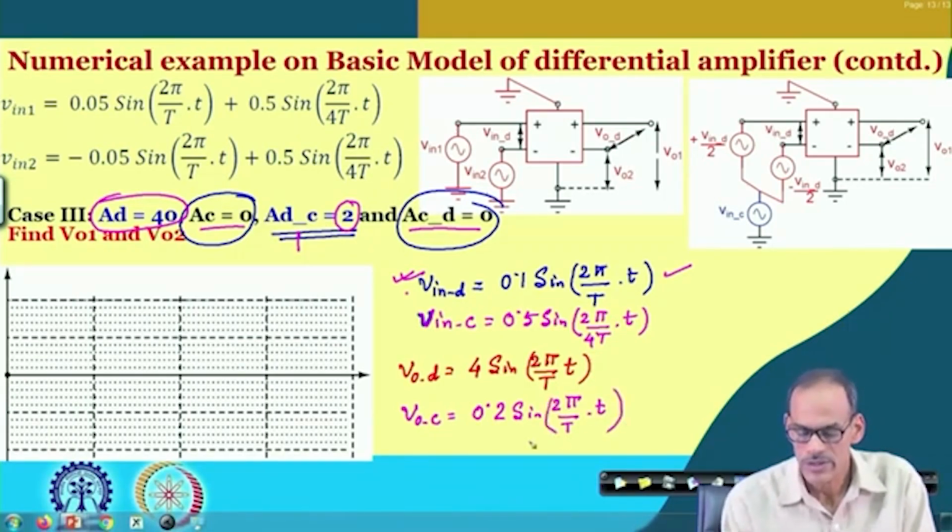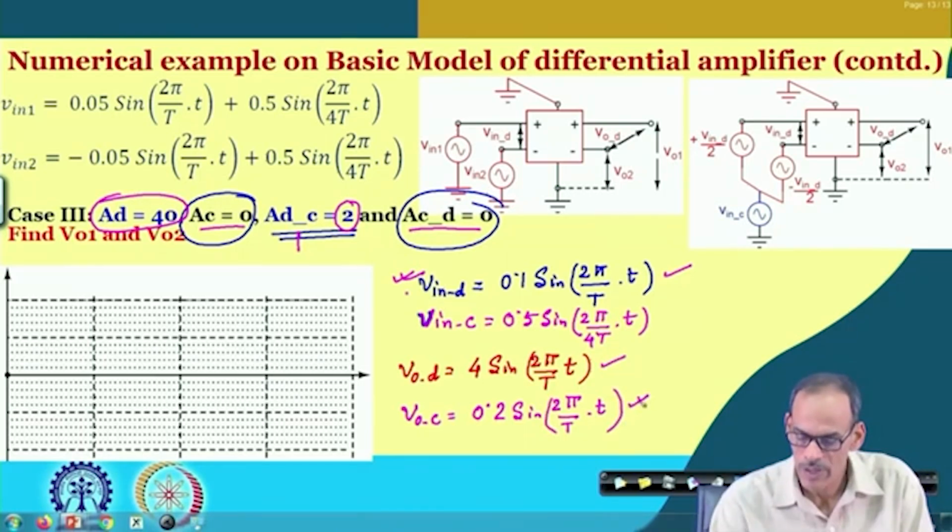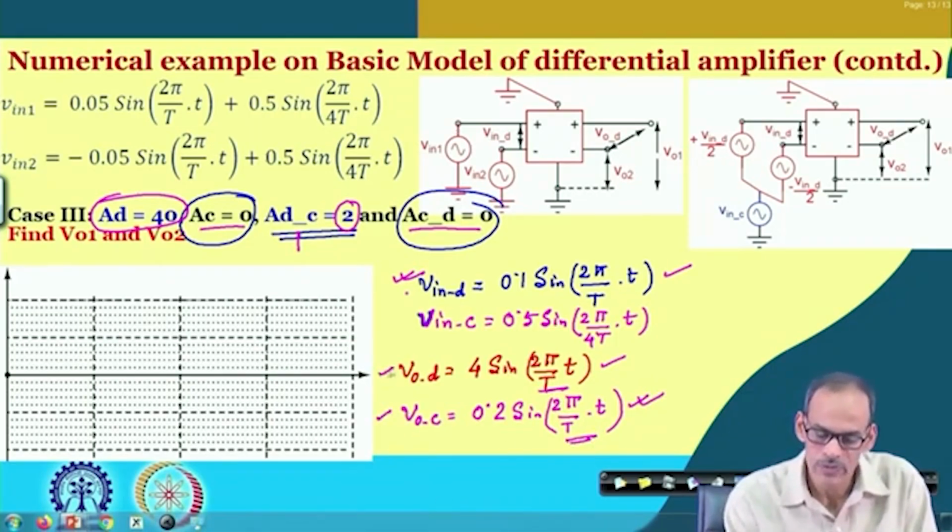Now, here you can see that both the differential part as well as the common mode part have the same frequency, right. But this is common mode and this is differential.